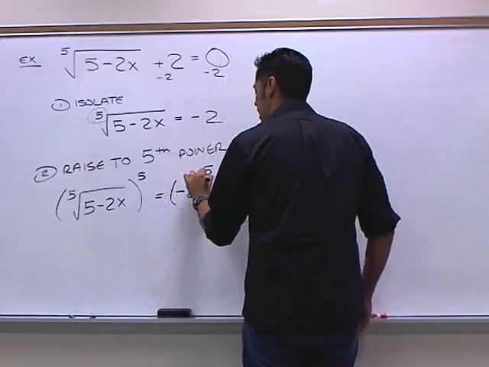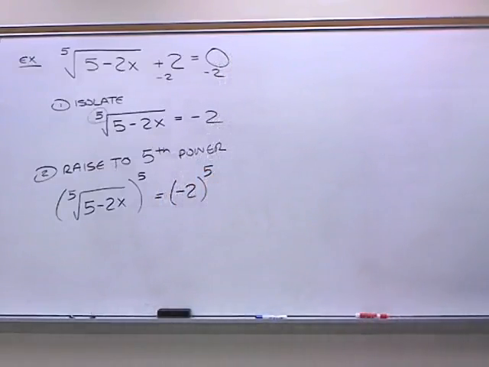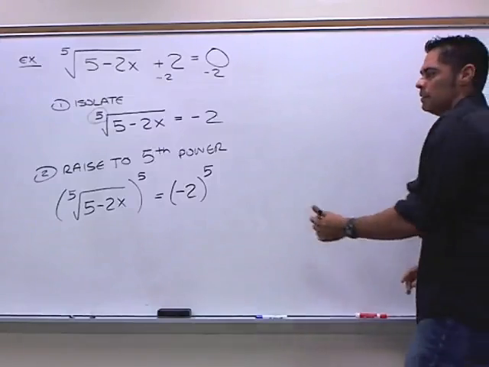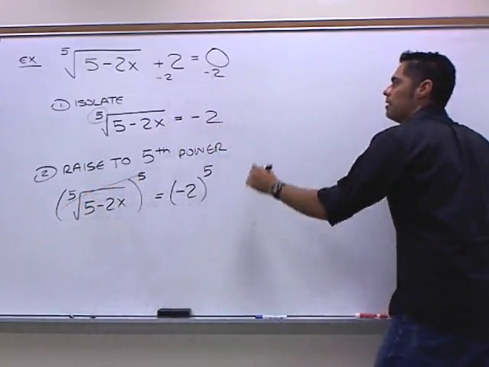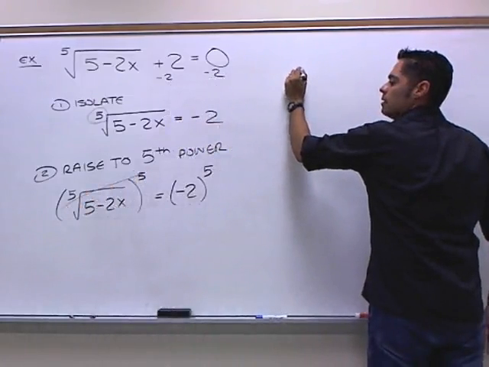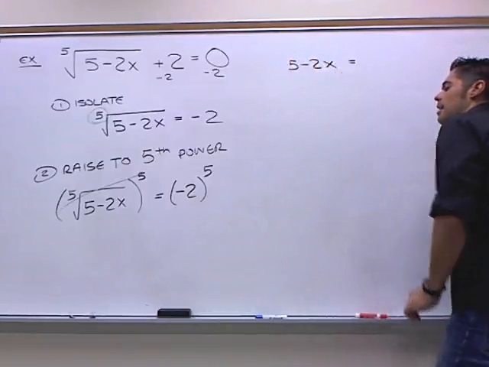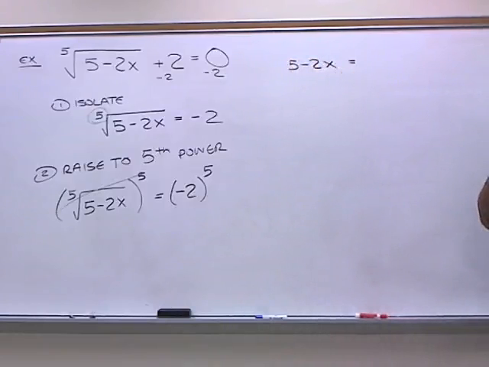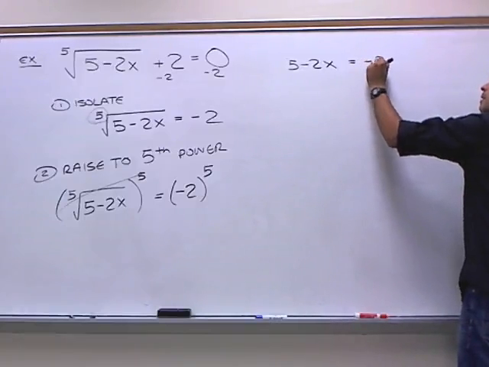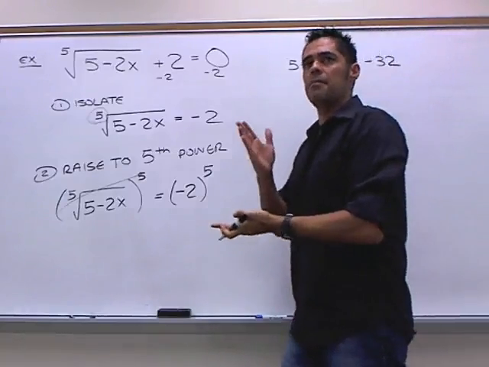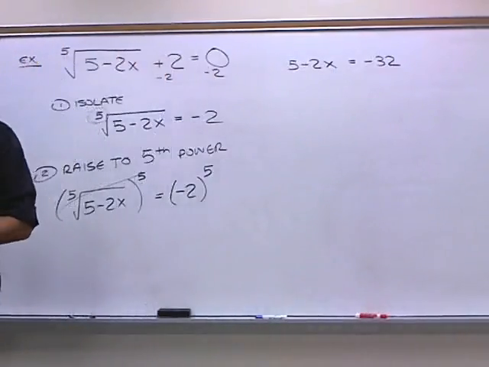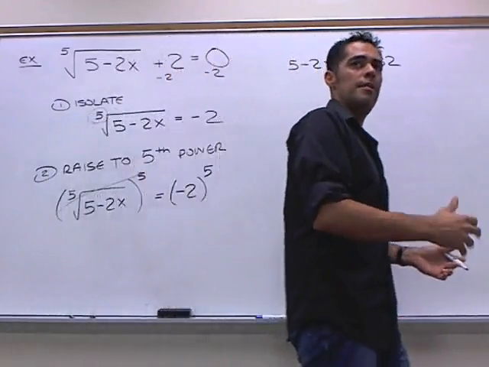And on the other side, I take -2 and raise it to the fifth. Okay, so this one right here cancels out, right? And you just get 5 minus 2x. On the right side, what was it? I heard it. -32. Just be careful with the signs there. Negative times negative times negative times negative times negative. So 5 negatives multiplied would end with a negative also.